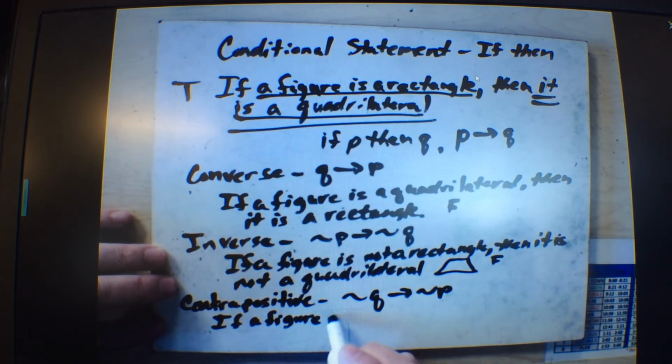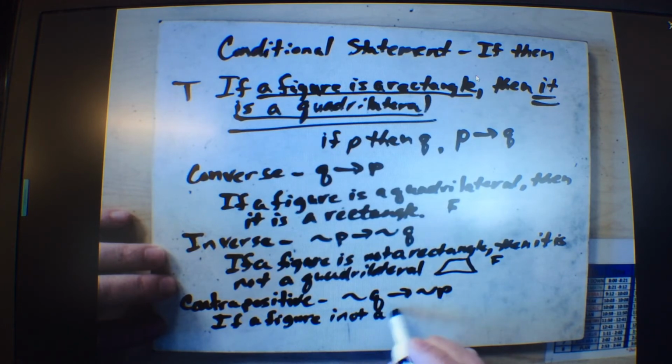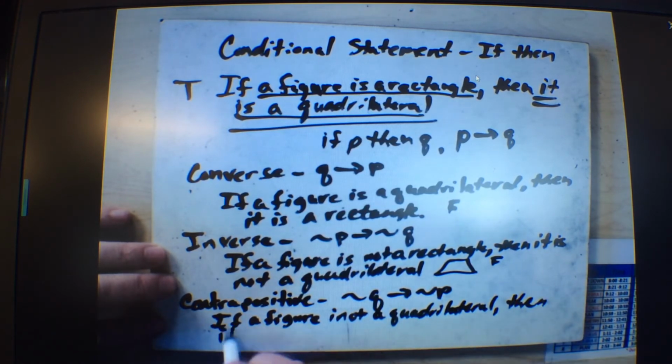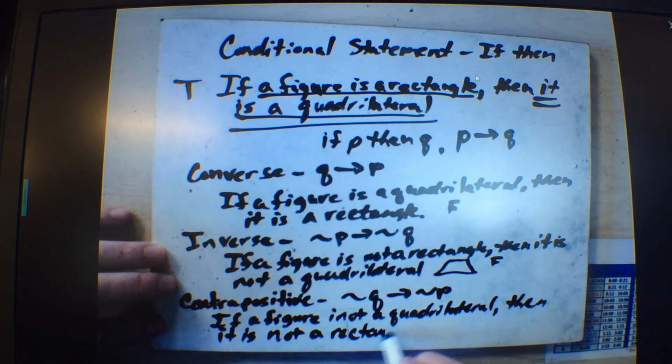Okay. If a figure is not a quadrilateral, then it is not a rectangle. True or false?